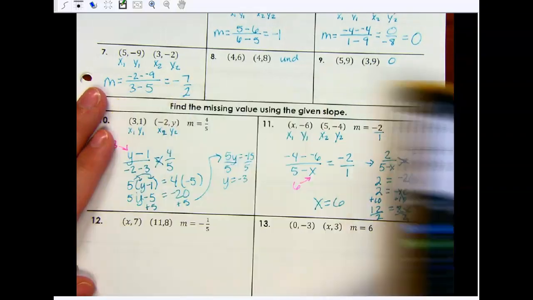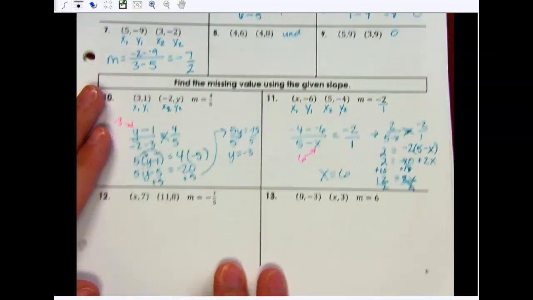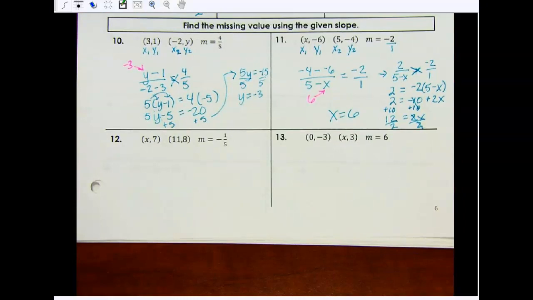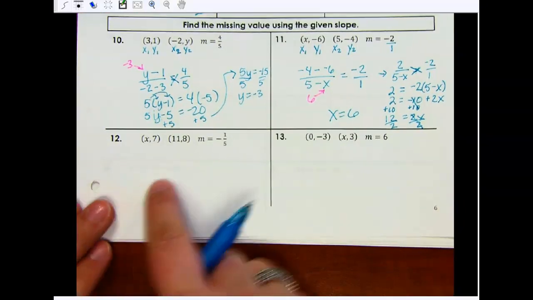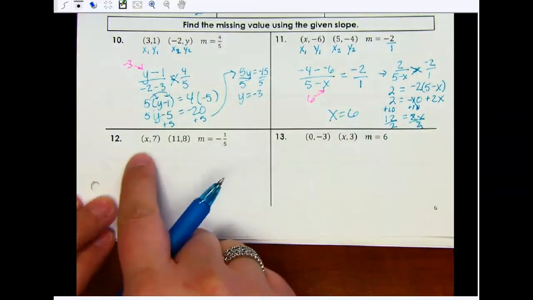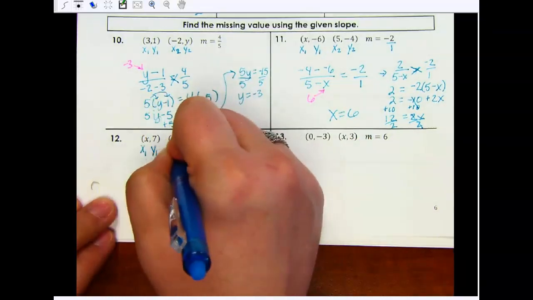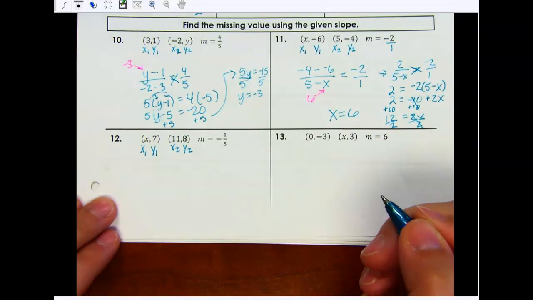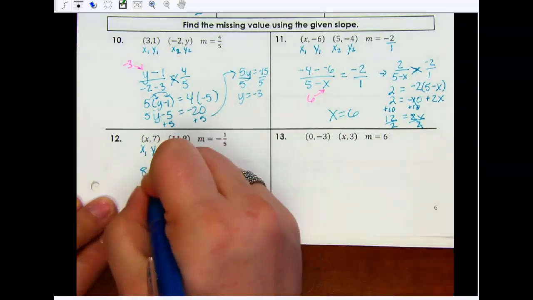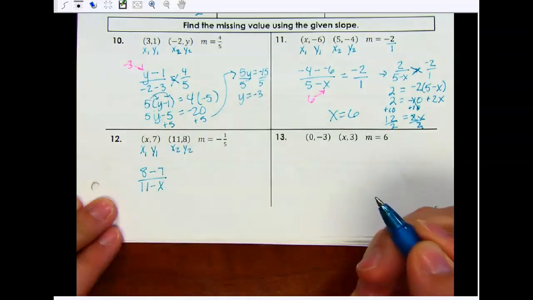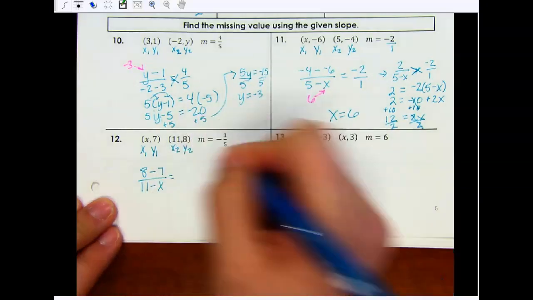All right, I'm going to go ahead and do these last two because I think we need as much practice and notes over this as we can get. So this one, a lot like 11, we're trying to find this first x. So we're going to have y2 minus y1 over x2 minus x1, and then this one equals a fraction.